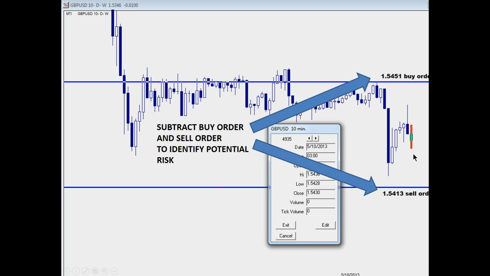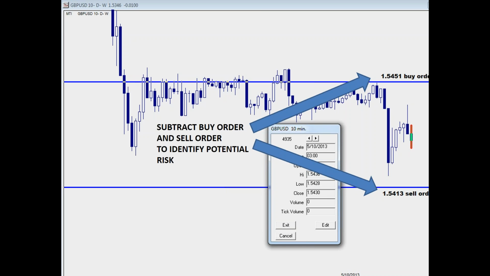If the market dips in the direction of the bears and touches this price first, I'm going to be taken into a sell. So I'd use this price as a stop loss order. One way or the other, one is going to serve as an entry, the other one's going to serve as a stop loss. So since that's the case, I'm risking from one to the other. Measure the distance between the two or just subtract, and you'll know what that total risk amount is.